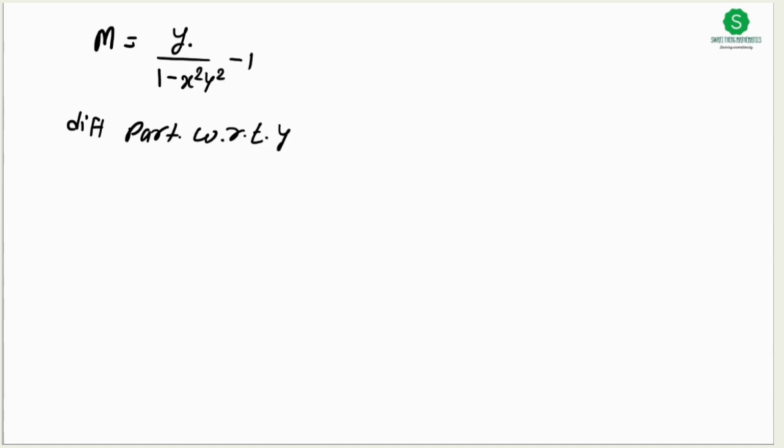So we have to use the quotient rule, that is derivative of u by v is equal to v as it is times derivative of the numerator, minus numerator as it is times derivative of the denominator, divided by v square.